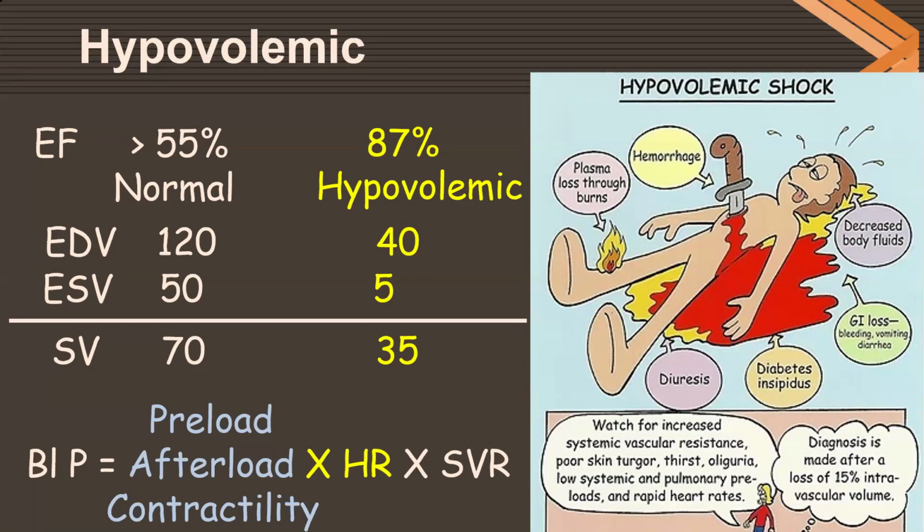So with increased contractility, you'll find that ejection fraction is exaggerated. For example, it reaches 80 or 90%, and the end systolic volume is very low. However, the stroke volume has markedly dropped in hypovolemia. Whatever the compensation, hypovolemia is very aggressive and it can drop the stroke volume aggressively.